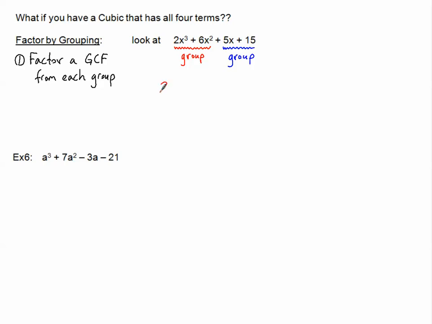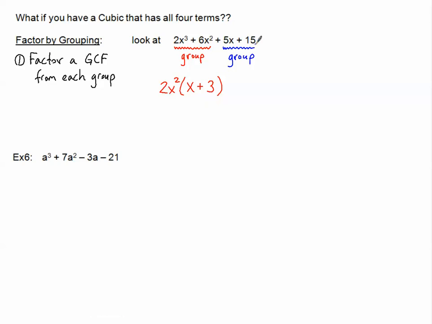I'm going to factor out my 2x squared from my first two terms, and I will be left with, well, if I divide the 2 out, then it'll just be a 1 inside. If I had 3 factors of x and I divided 2 away, I'd be left with 1 factor of x. I have my plus sign, of course. 6 divided by the 2 will yield a 3. And of course, I had 2 factors of x, but I divided them out, so there's no more x's in that term. So I factored the GCF out of the red group.